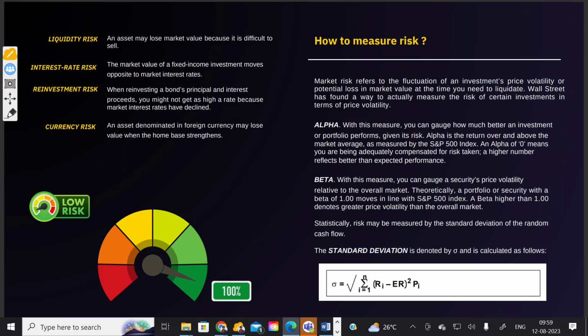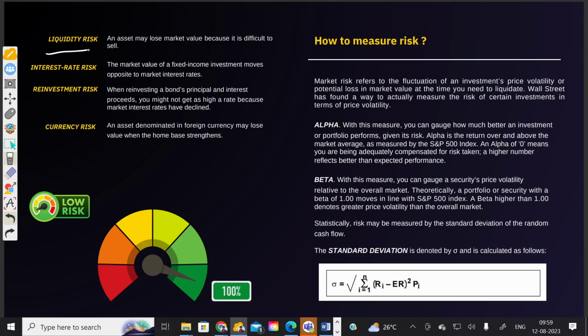All right. So apart from that, you might see the liquidity risk as well. When we say liquidity risk, you may see the situation where you are not able to sell that particular asset, or it is difficult to sell that particular asset. Sometimes that happens. Let's say you invested in XYZ stock, and that stock was a penny stock, right?